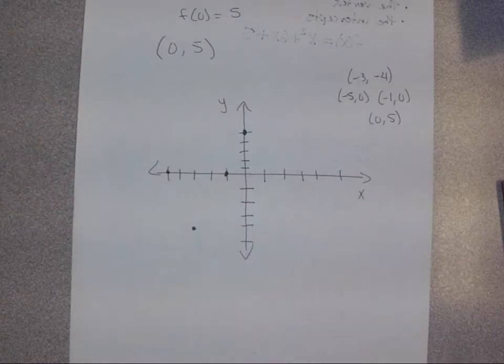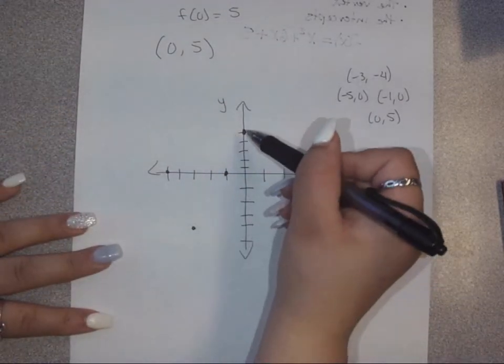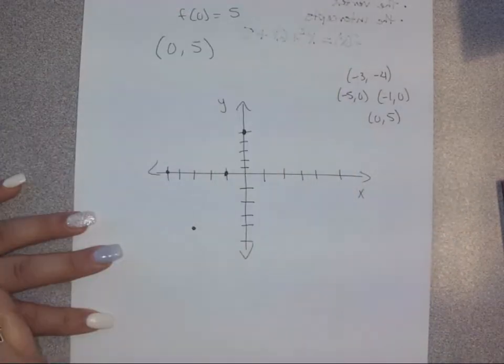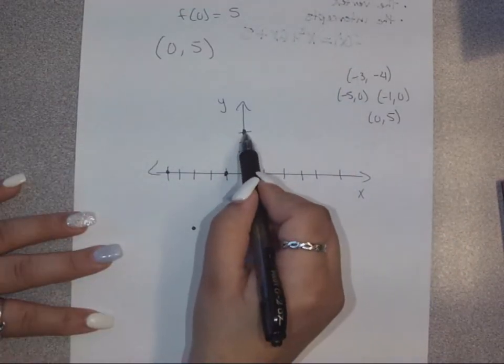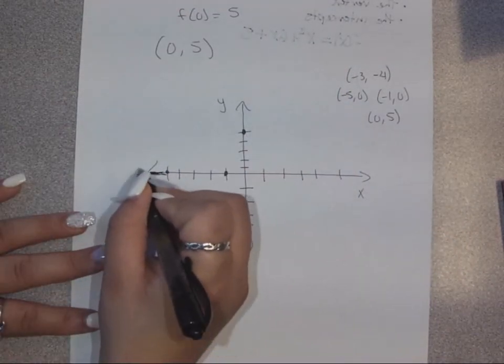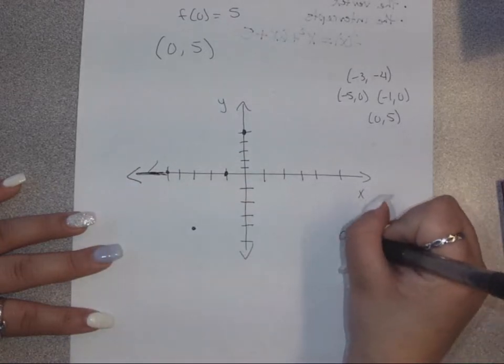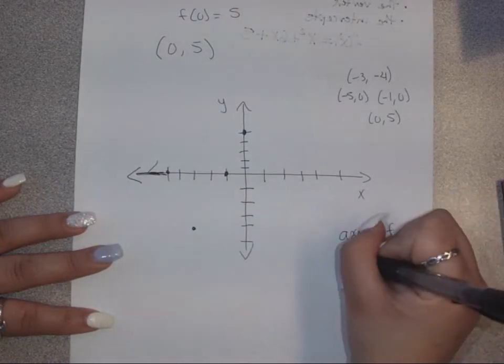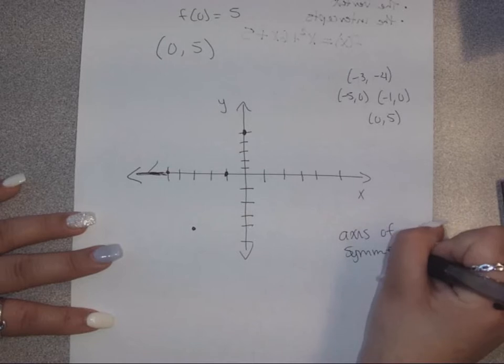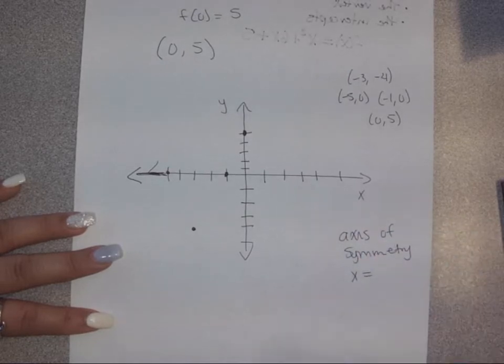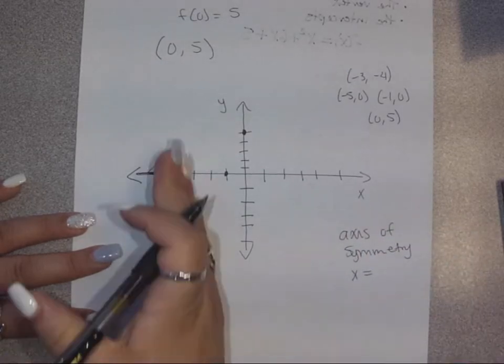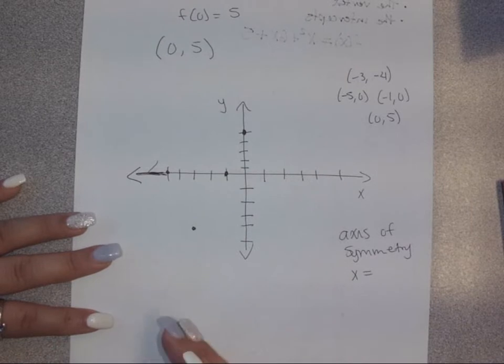The other piece of information we need to know, as you can see, our parabola is already coming together, but we need another point to match with this point. So that's where your axis of symmetry comes in. Your axis of symmetry is the vertical line that crosses right through your vertex.